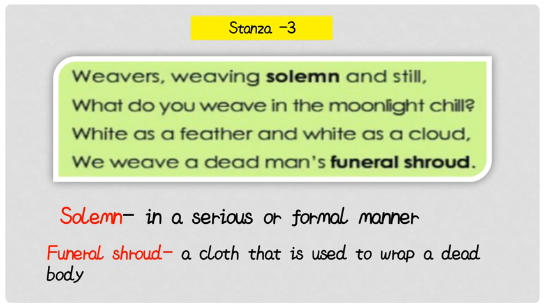Whatever words I say now: gay, then robes, then veils, then bright, solemn, and funeral shroud. For all these words you have to find out the meaning, and any word in between that you don't know, you find out the meaning and write the synonym and antonym.